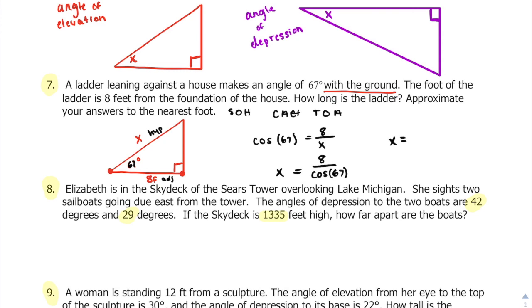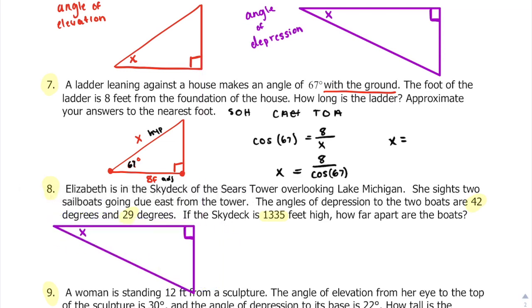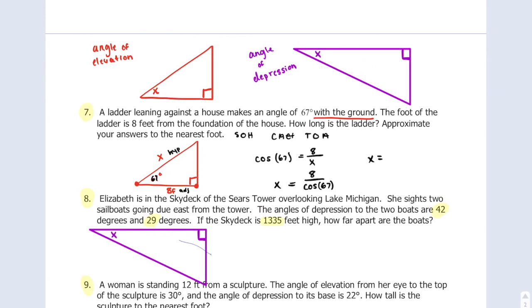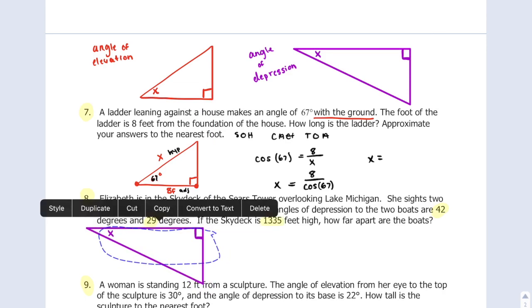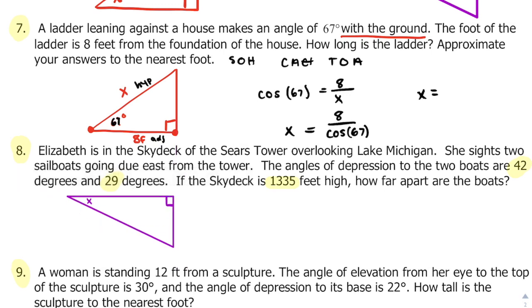So we have 2 angles of depression, so that means that we're going to have 2 triangles. So here's our first triangle. There's this lady over here in a tower.